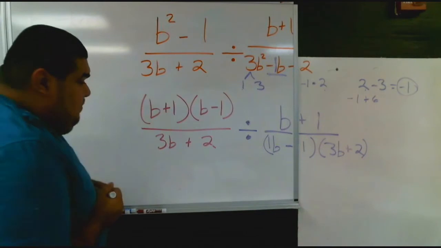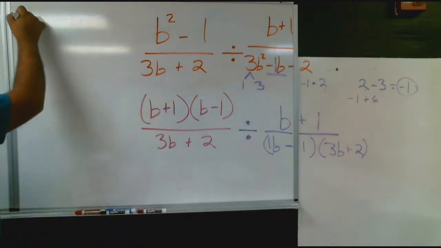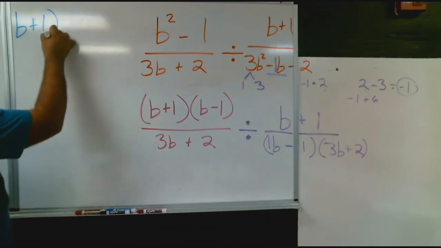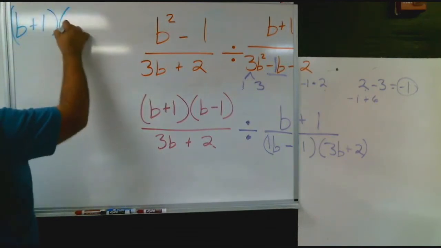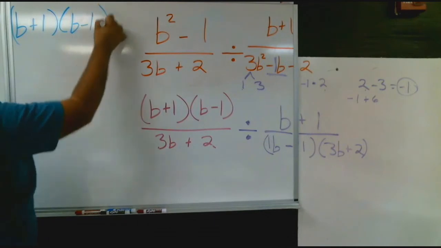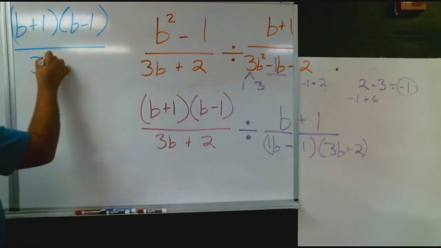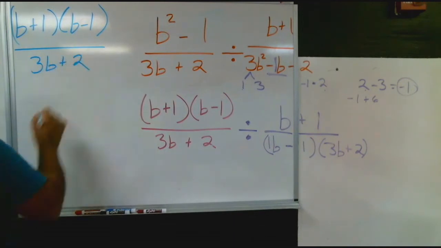So our new problem is b plus 1, b minus 1 over, stays the same, 3b plus 2.